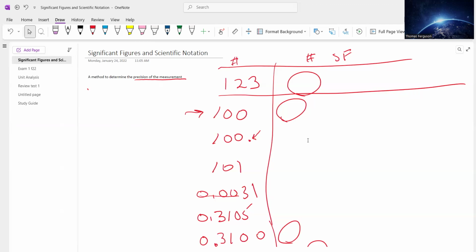So if you didn't raise your hand, that's fine. Or if you had it 9 years ago, it's fine. For the people that did not raise their hand, how many sig figs do you think the number 123 has? Take a flying guess. 3.